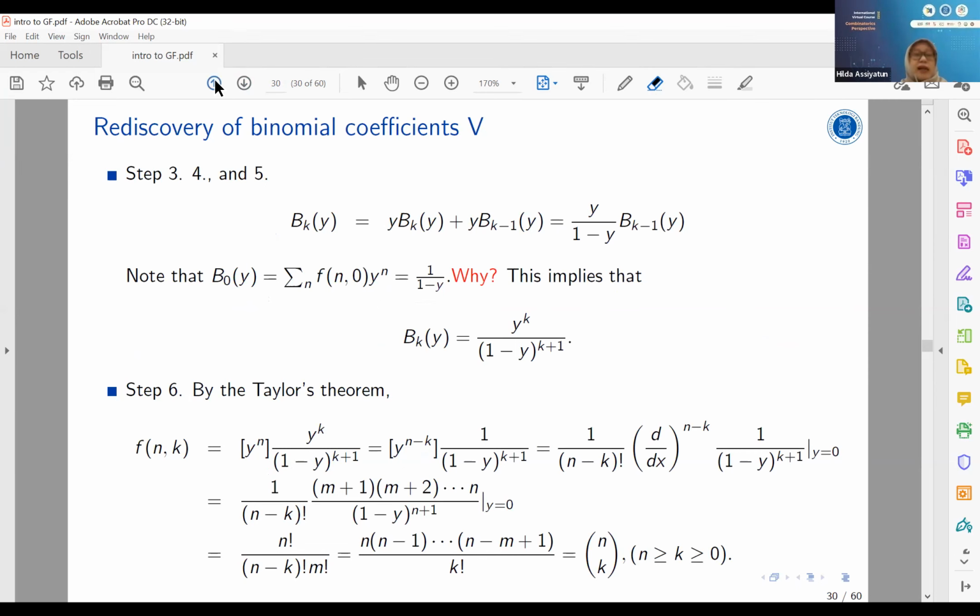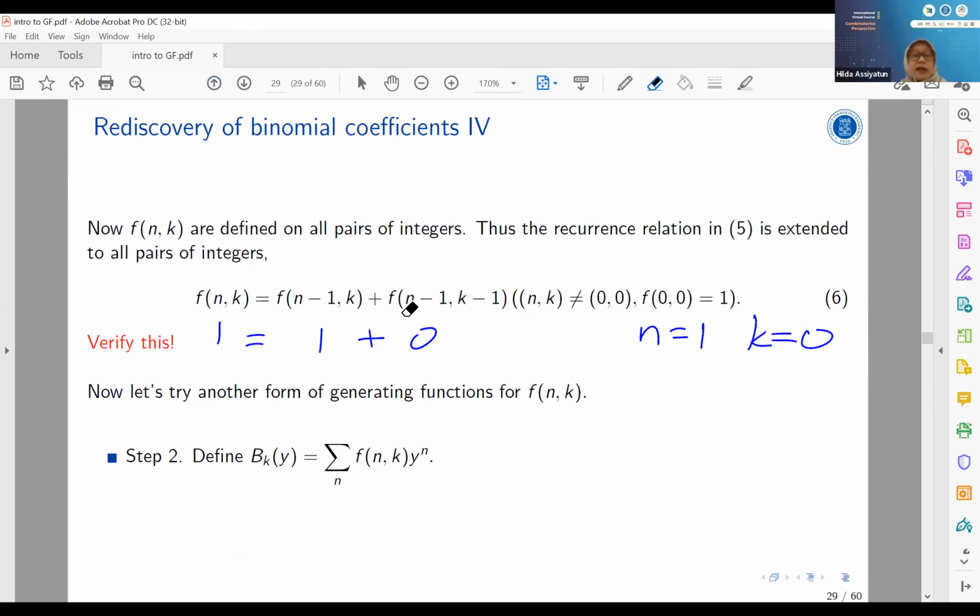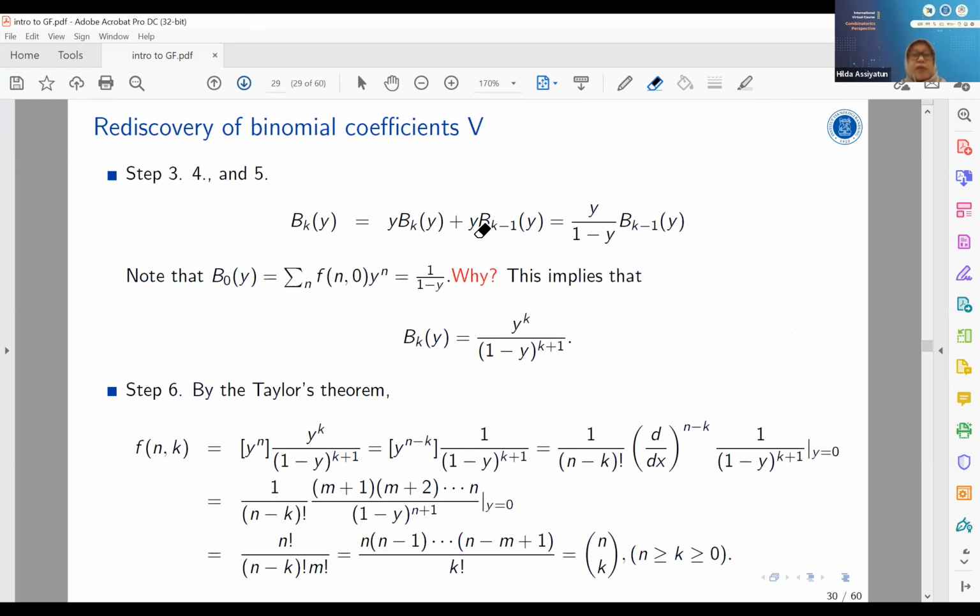And the second term, again with y to the n, has an extra y, so we have y b_{k-1}(y). So from here, we get that b_k(y) equals y over (1 minus y) times b_{k-1}(y). Is it right?